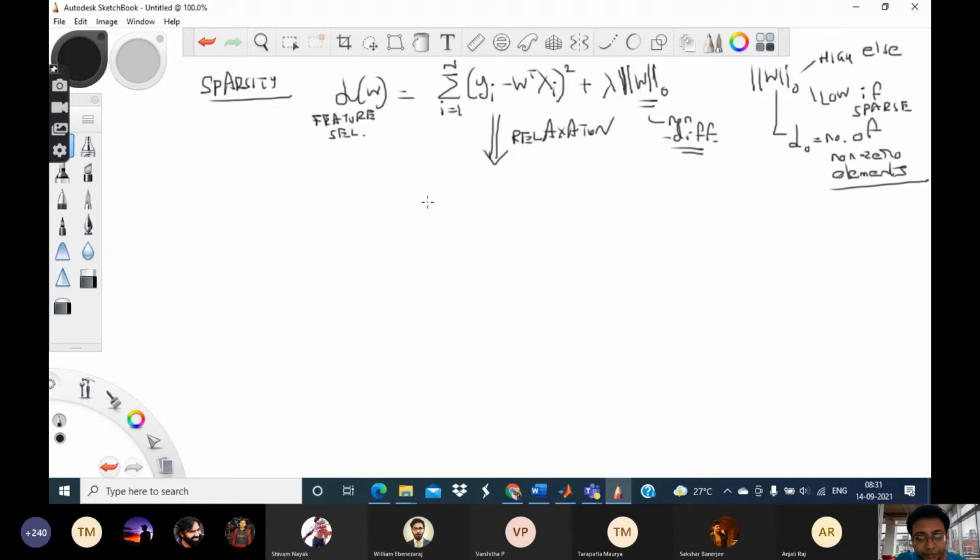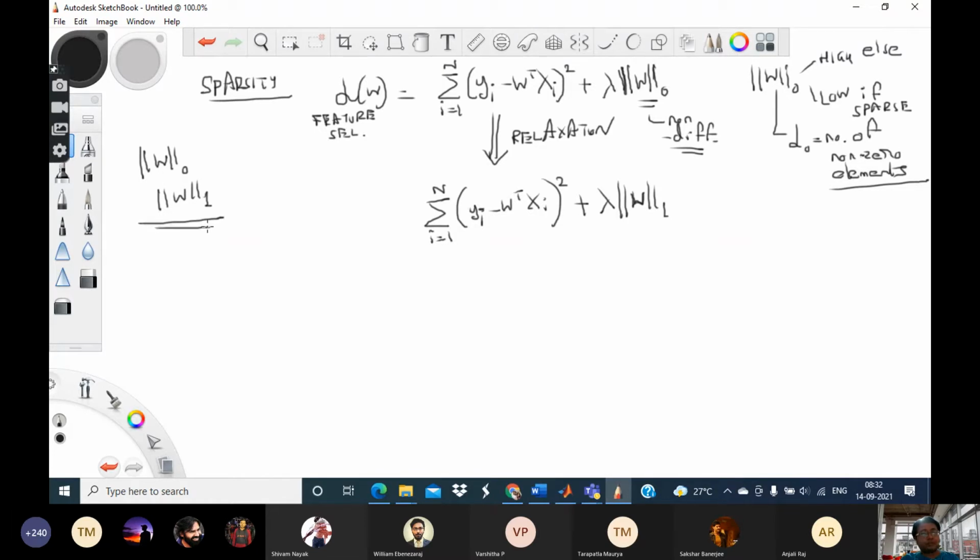The alternative taken here is, instead of the L0 norm of W, I take the L1 norm of W. There is a particular relationship between the L0 norm and the L1 norm, and it can be verified that if you are able to bound the L1 norm, then you will be able to bound the L0 norm as well, because of certain properties related to these vector norms.